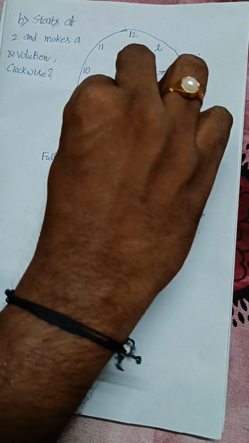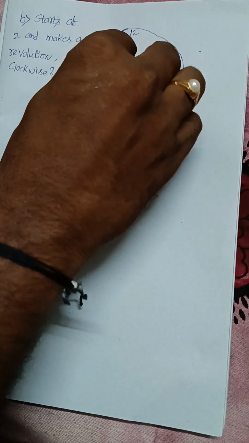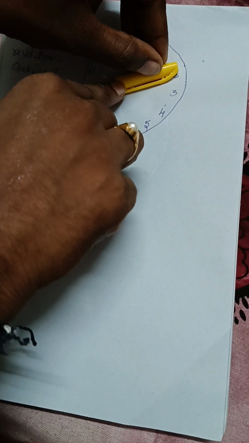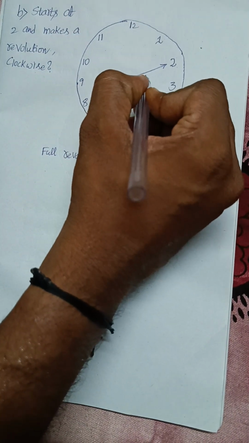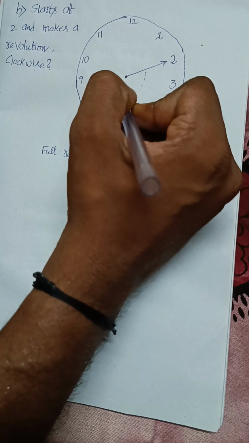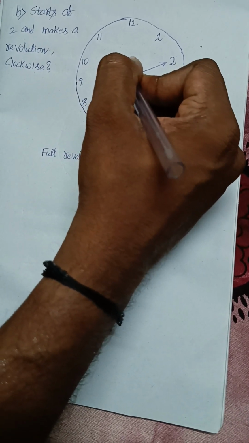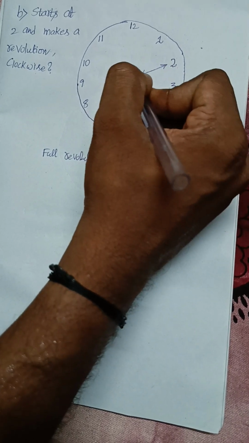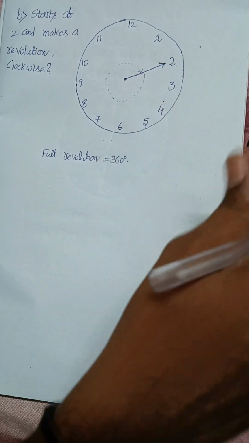So it will complete one complete revolution. So in total it must cover 360 degrees. Then it must stop at the same place. So the hand of a clock, if it revolves clockwise and makes one revolution, must stop again at 2. The answer for this question is 2.